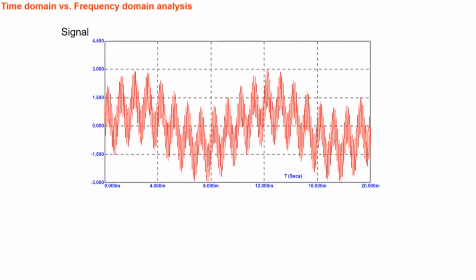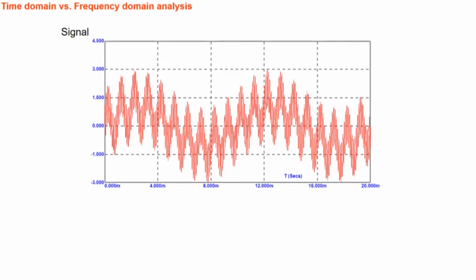For example, if we see the signal over here, we can see that there is a rapid variation in the signal, and along with that there is perhaps this envelope that you see here. There is a slower variation also, but it's hard to see those things. Maybe there are even more variations embedded in it which we are not able to see.